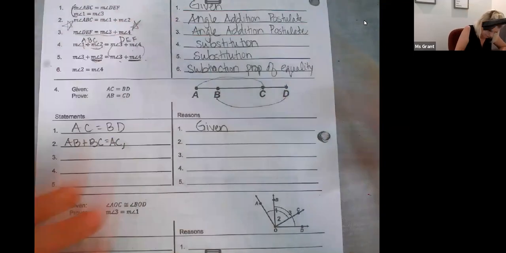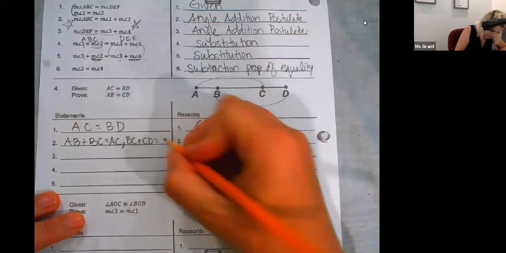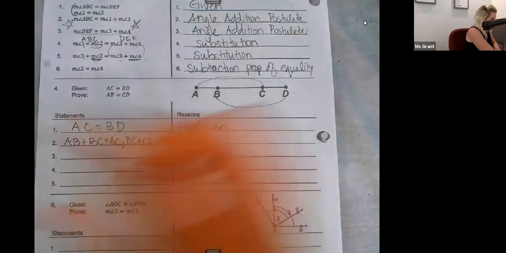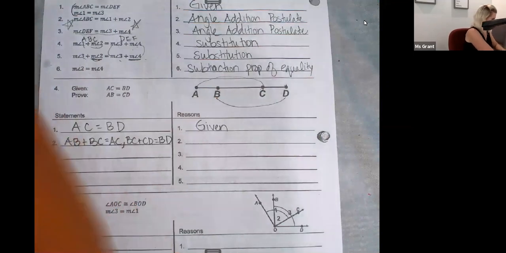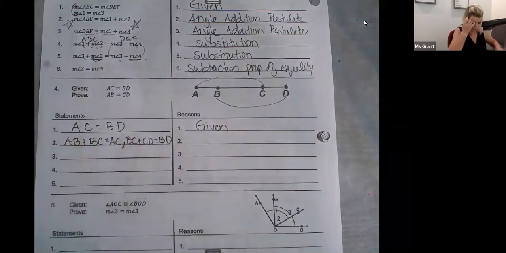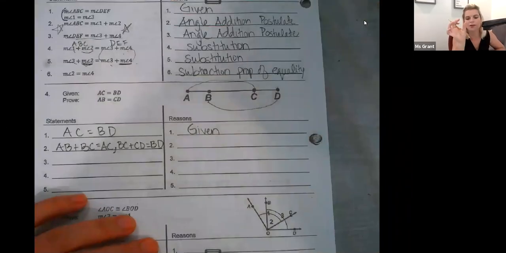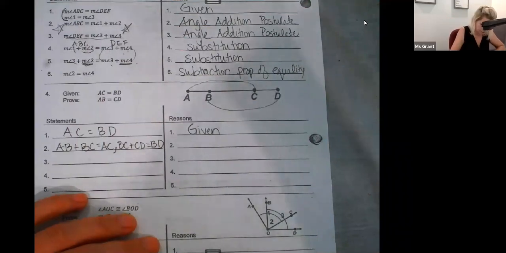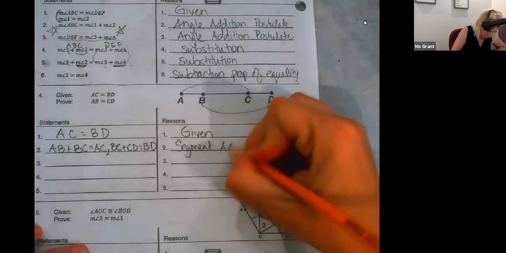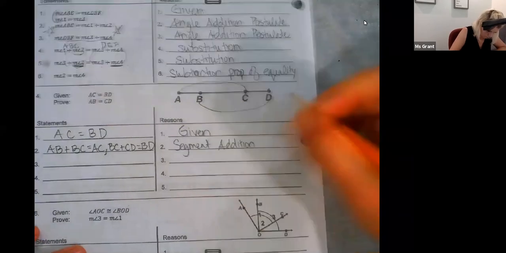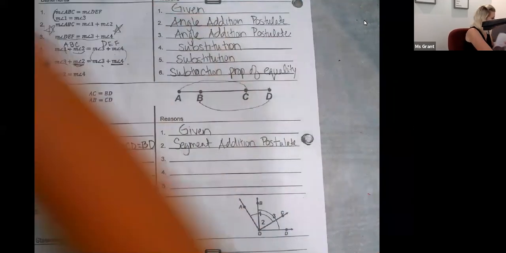BC, so you're going to have to write small, plus CD equals the whole thing, BD. This was segment addition postulate. I gave you 2 parts and I said they're equal to the whole. Segment addition postulate.